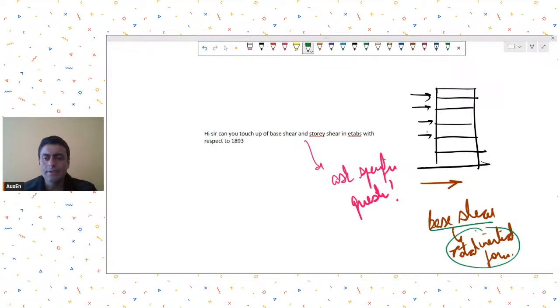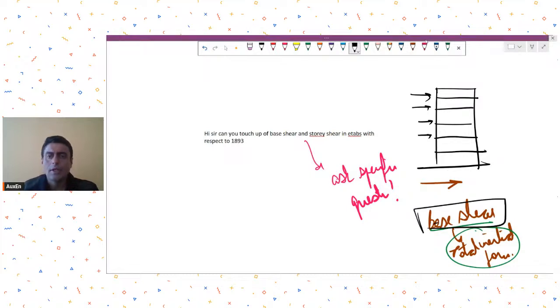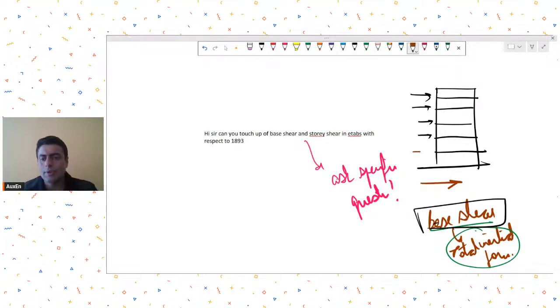And then what we do is that we say, let's say this is my base shear. Now we say that, assuming that a pseudo force was applied at every level, the summation of which would give you the same value as your base shear.